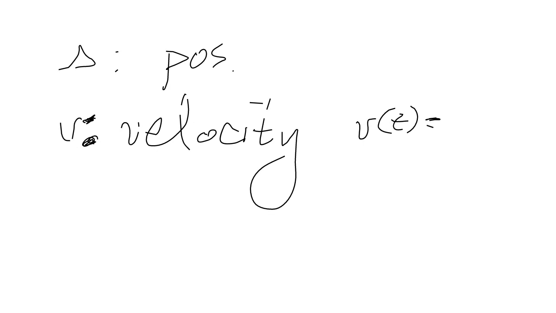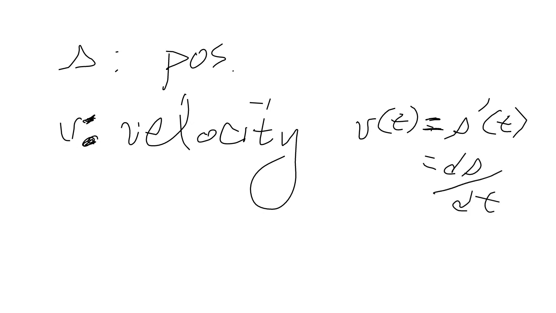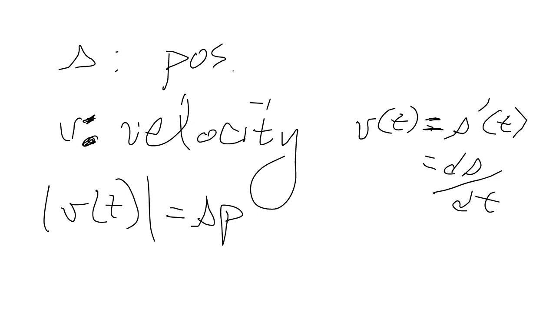It's also going to equal s prime at t, or if you prefer, ds/dt, instantaneous rate of change of position with respect to time. And the absolute value of velocity is your speed, because we don't care which way you're going.